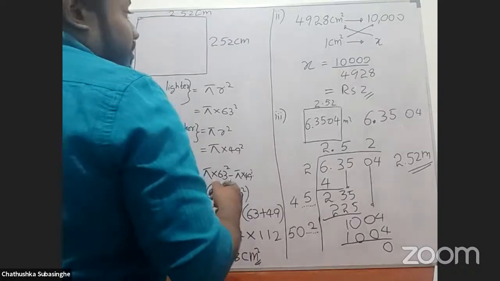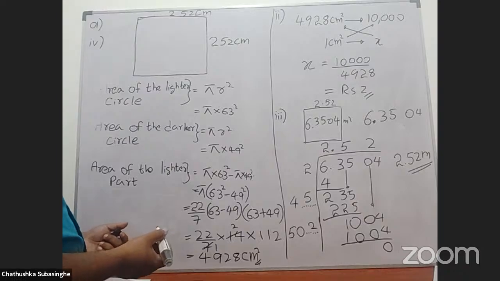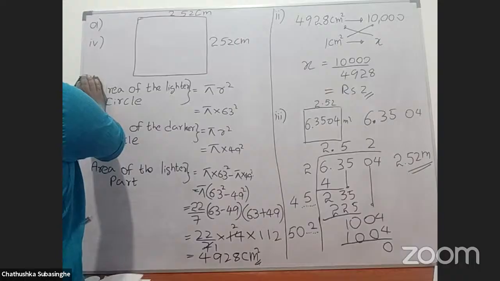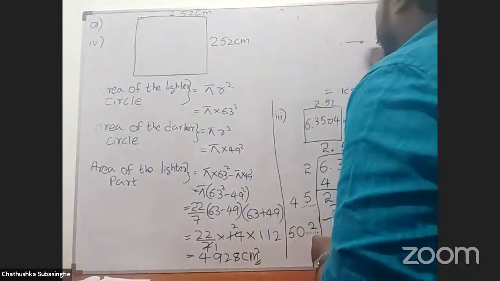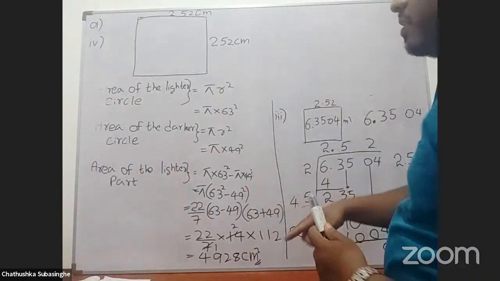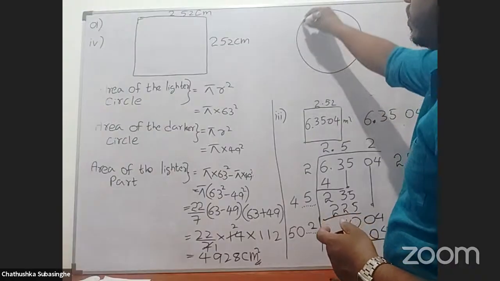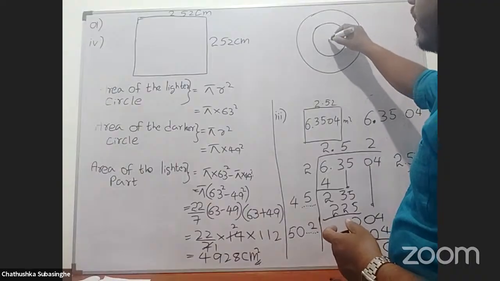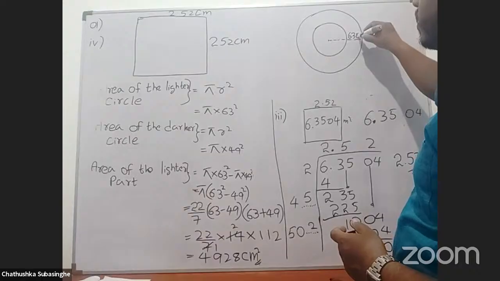Why am I checking 63 times 2? Because I don't have any space. Let me go ahead and write. I'm going to erase this, I don't need it. This is the doormat that we have used, and this length is 63 centimeters.